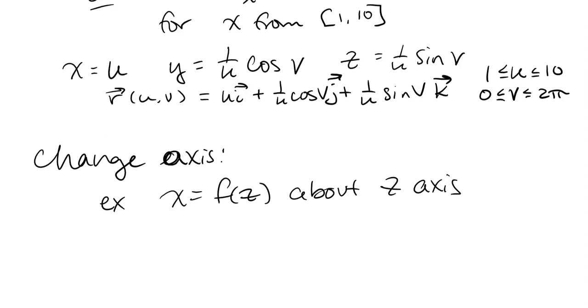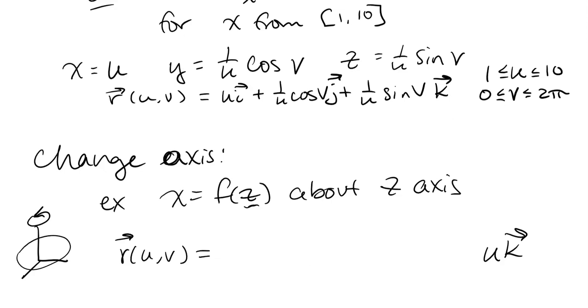Well, now what we would see is we would have in our r of u, v, z would be my independent first parameter. So we would have u times k. So z would be u. And then this time what we're doing is we're rotating about that z-axis. So all of my cross sections are going to end up circular about the z-axis.